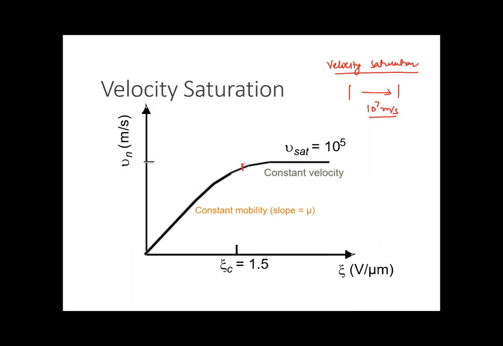So here you will have the maximum electric field, and current will not increase further. If there is any change, it is only because of the change in channel length. The example is, suppose there is a road with points A and B, and you allow cars to travel at 50 kilometers per hour.